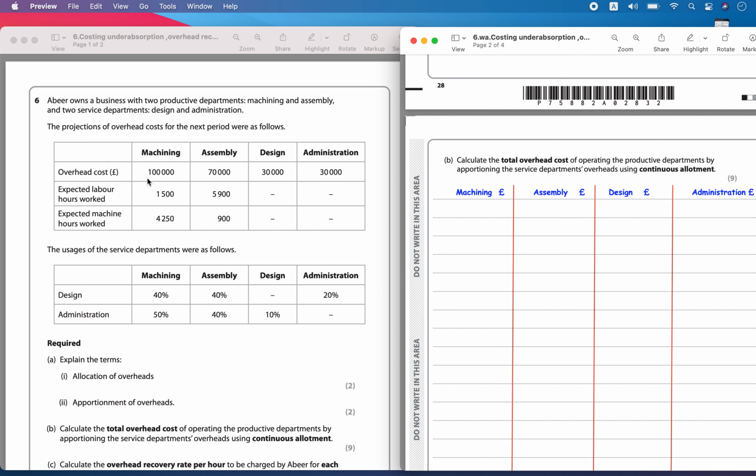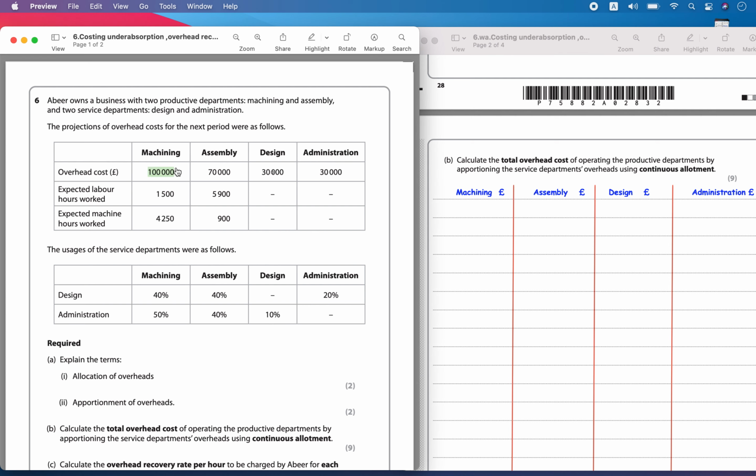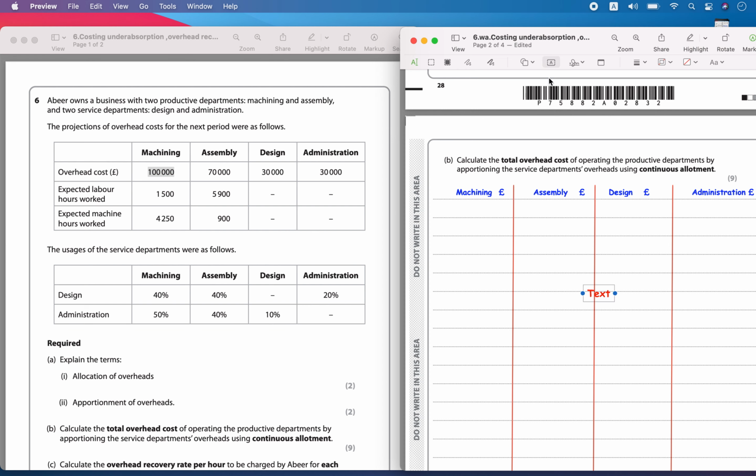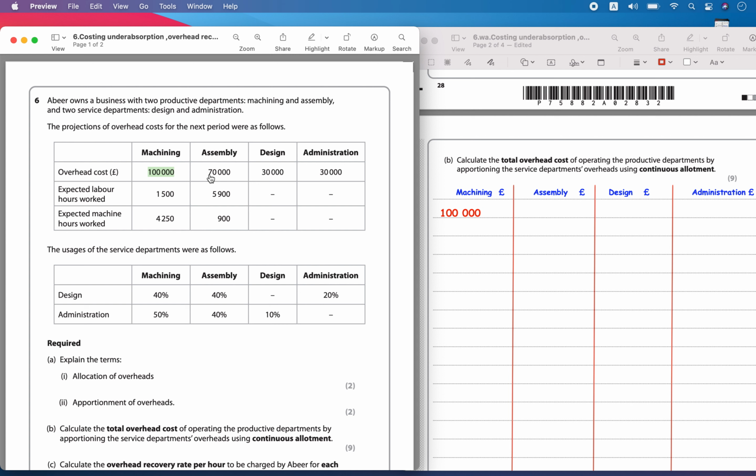Let's calculate this. The first one is given here, 100,000. For the continuous apportionment, start writing with the allocated overheads: 100,000, then 50,000, and then 70,000.